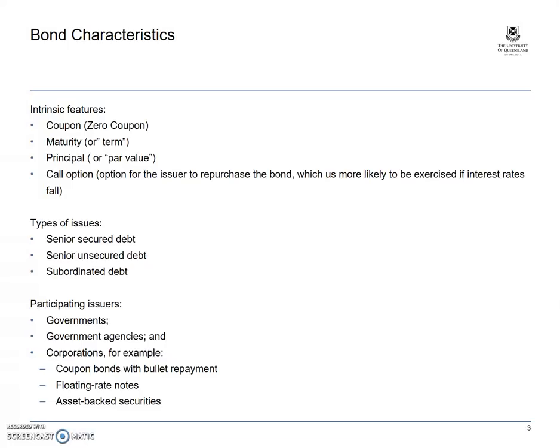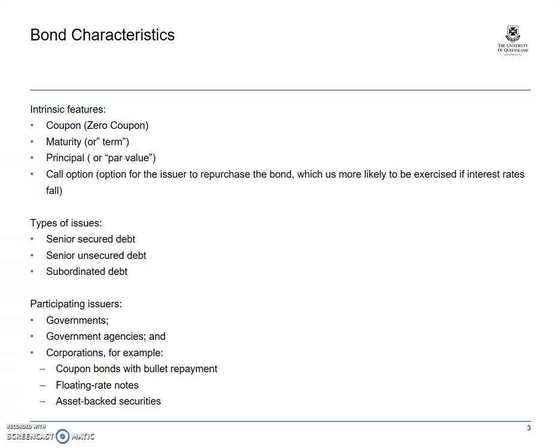Who are the issuers? So who raises money via this? So government agencies. So in Queensland, for example, we still have a number of large electricity companies which are owned by governments. So they'll often issue debt. Corporations. And corporations will often issue different types of debt.